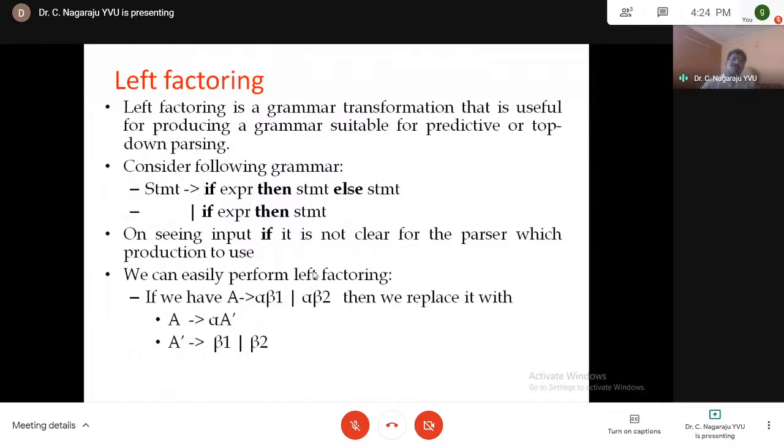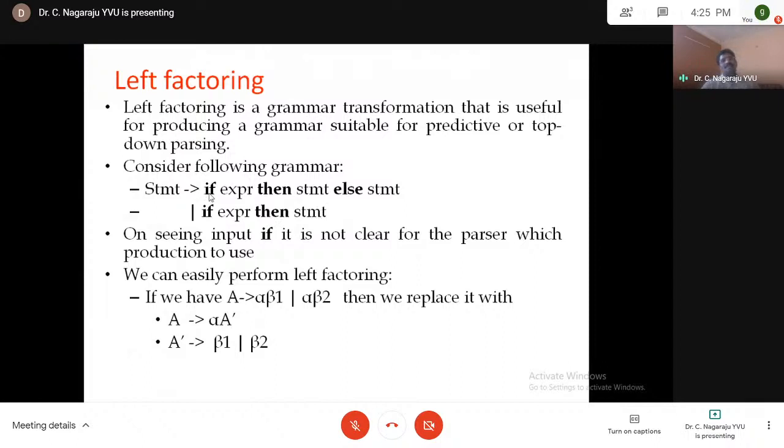For example, here is a simple thing to see what left factoring means. If one production has two or more productions that share the same beginning, then we can call it left factoring. For example, if statement: if expression then statement else statement. Another rule is: if expression then statement.